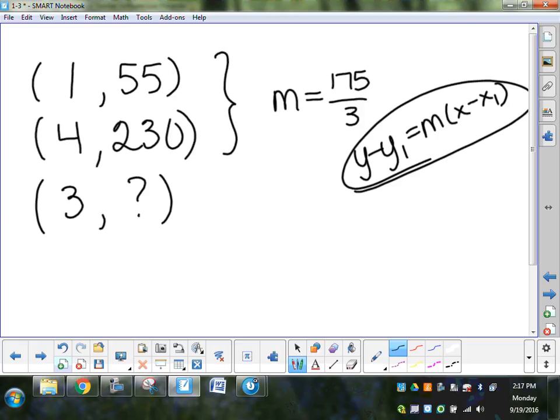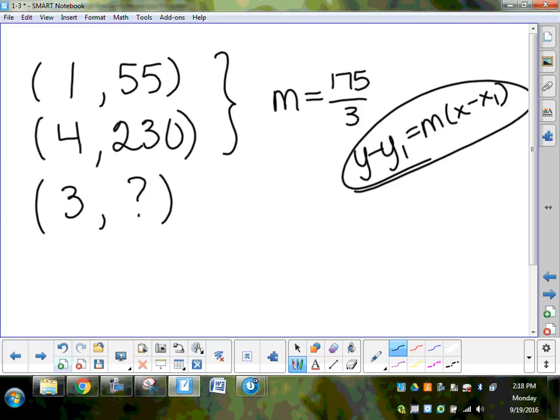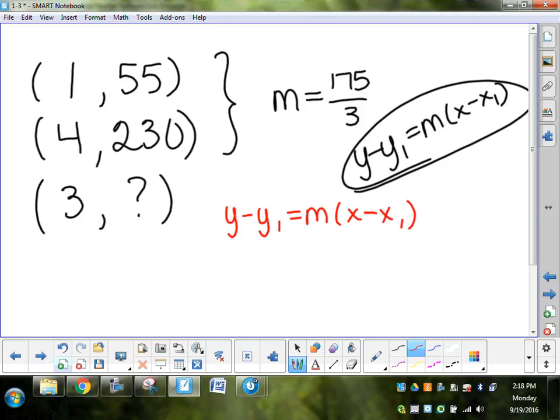So, which of these points on the line would I want to use? Stephen, you get to pick. Which point? The point on the line. Yes.